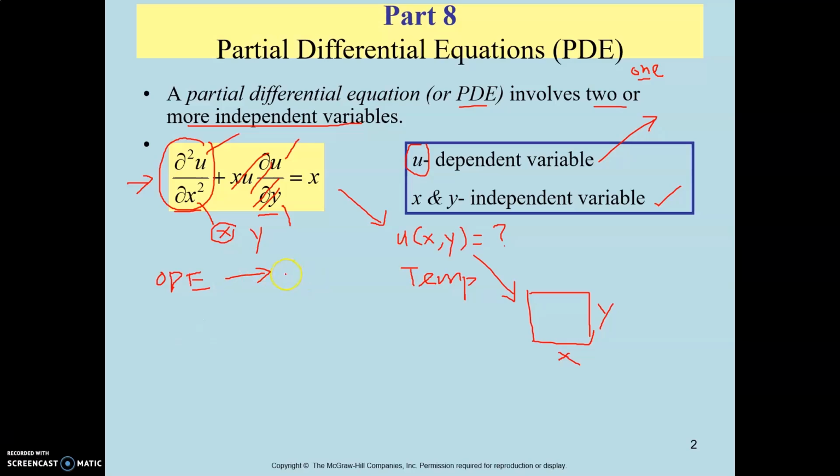And what we want to solve is to find u in terms of x only. Normally for ODE, we use the symbol delta here, delta square u over delta x squared.